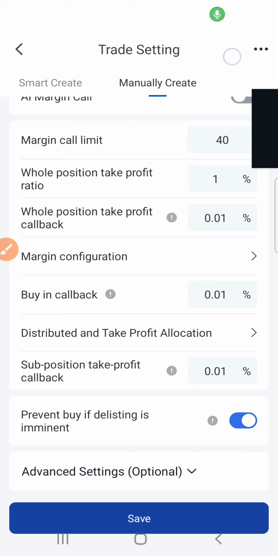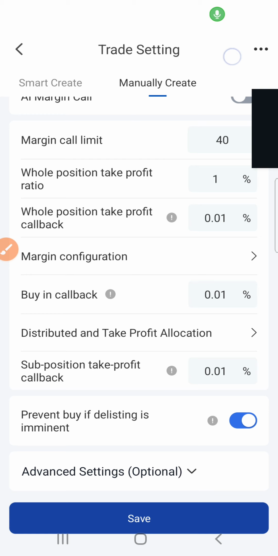Buying callback. What does that one affect? It affects the margin call drops. The way you're buying your call margins is affected by buying callback. How does it affect? Sometimes, let's say you go in call margins, you set a drop of negative 1.